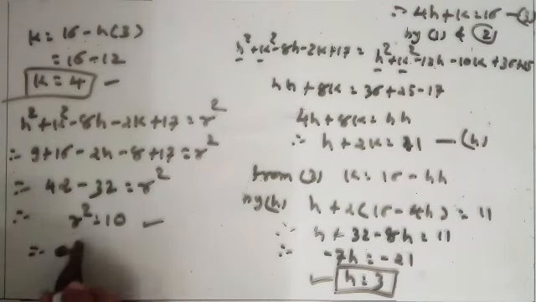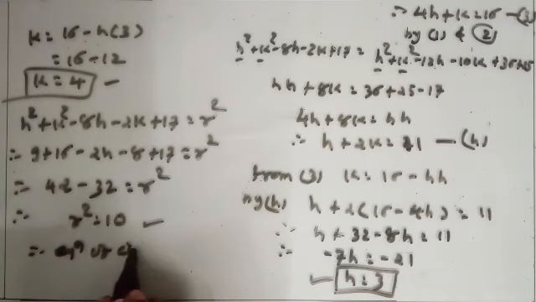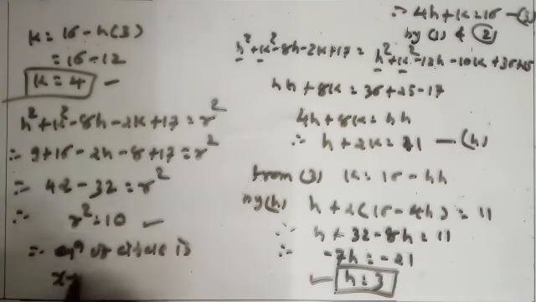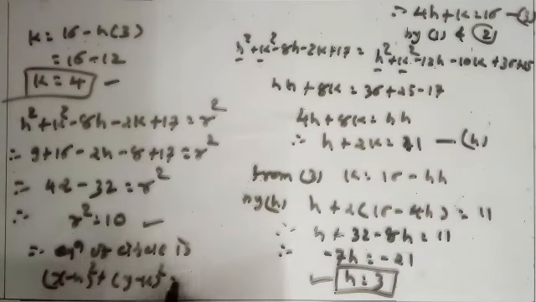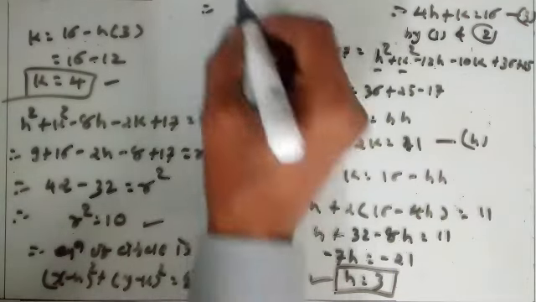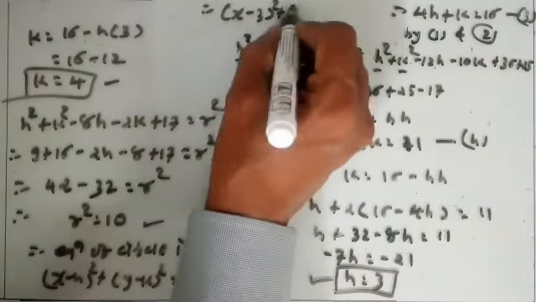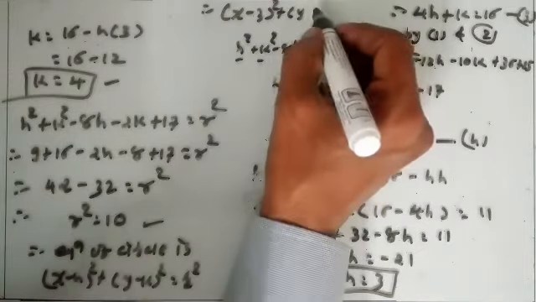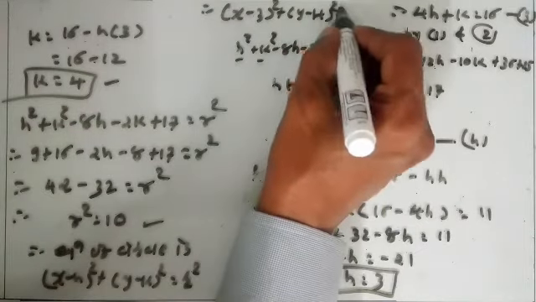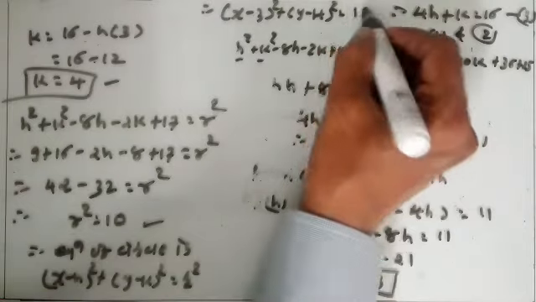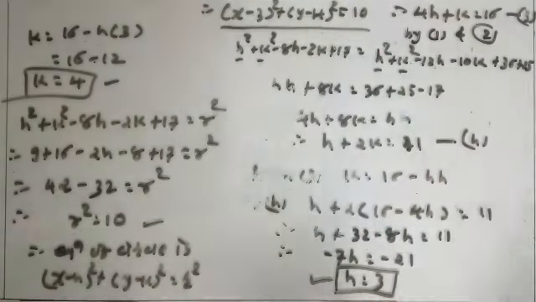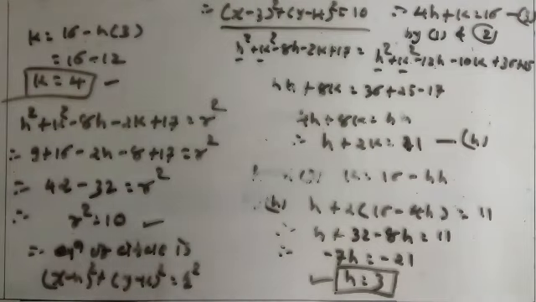Therefore, the equation of the circle is (x minus h) whole square plus (y minus k) whole square is equal to r square, which implies (x minus 3) whole square plus (y minus 4) whole square is equal to r square, that is 10. So this becomes the equation of the required circle.